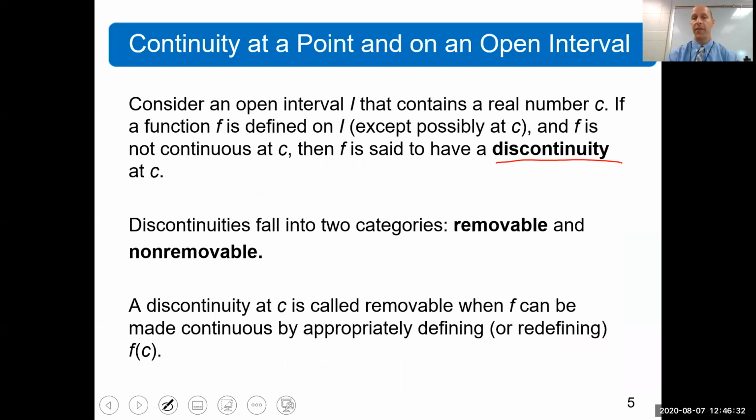These types of discontinuities can be referred to in two different ways, removable and non-removable. A discontinuity at C is removable if f can be made continuous by appropriately defining f of C. And I'll do examples of both.